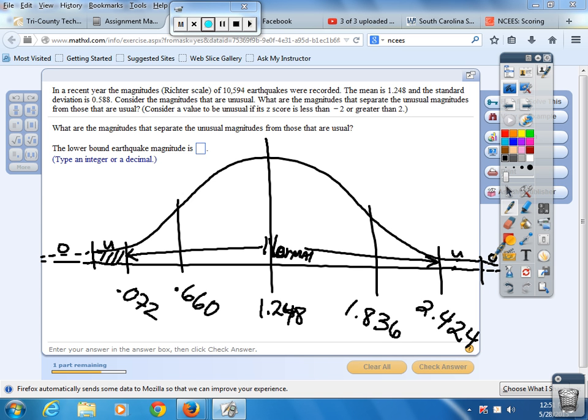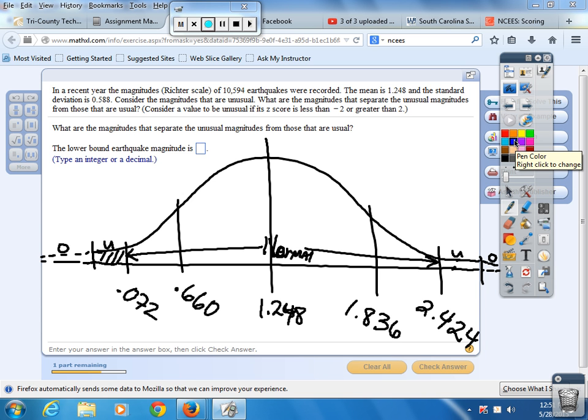Now that we've drawn what we need, let's go back and look and see what the question asks. It says, what are the numbers that separate the unusual numbers from those that are normal? So what numbers separate unusual from normal? I'm going to do this in blue, I don't like red.